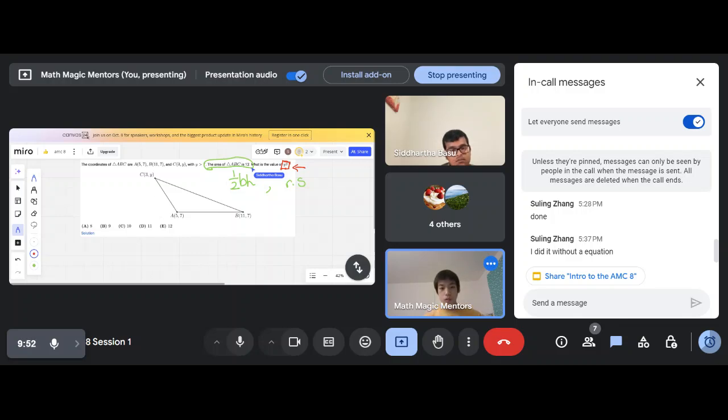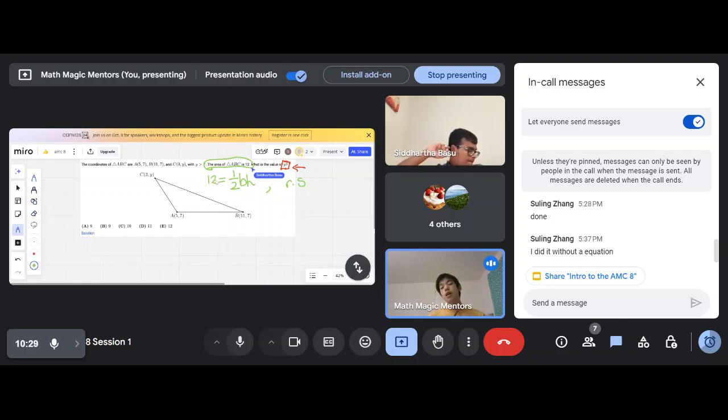So let's try one of our simplest area formulas, which is precisely one half times the base times the height. Obviously, we can set it equal to 12, because we know from the given problem statement that the area is 12.